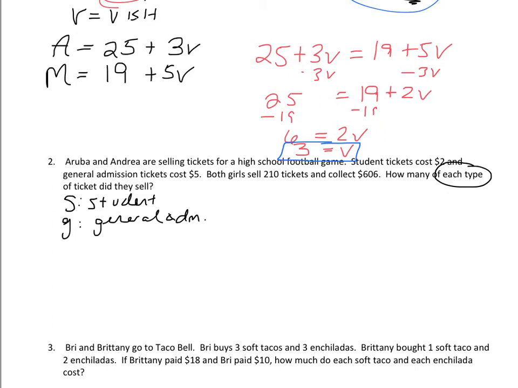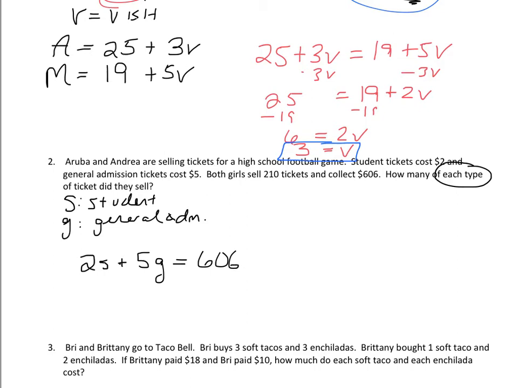Alright, so the second sentence: student tickets cost $2 and general admission costs $5. So it's going to be $2 for a student ticket and $5 for a general admission ticket. And when you sell all those tickets, you're going to earn $606. So that's your money equation.